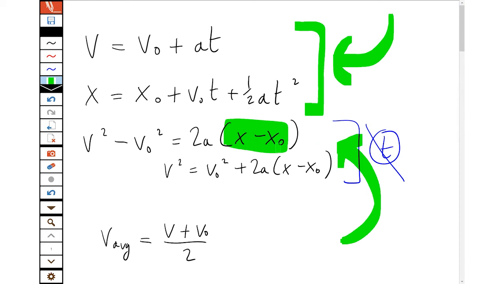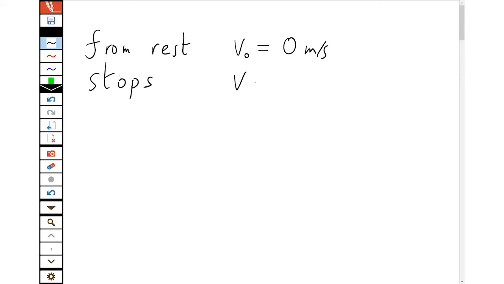Now, when we're dealing with equations of motion, we've got a bunch of equations. We want to plug in numbers, but a lot of the numbers will be given to you as words rather than letters. For example, if something starts from rest, we immediately translate that as the old velocity is 0. Likewise, if something stops, that means the new velocity is 0. A special case is if something is dropped by something else, then it starts with the velocity of that object.